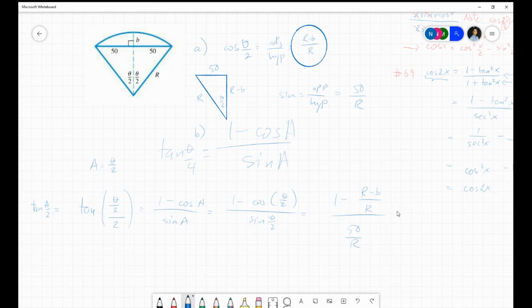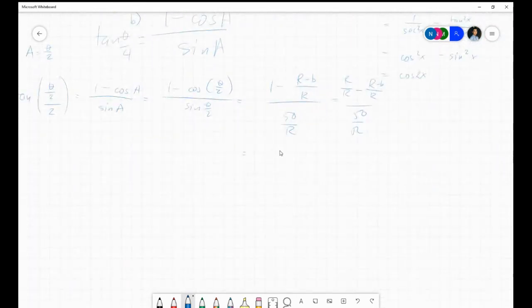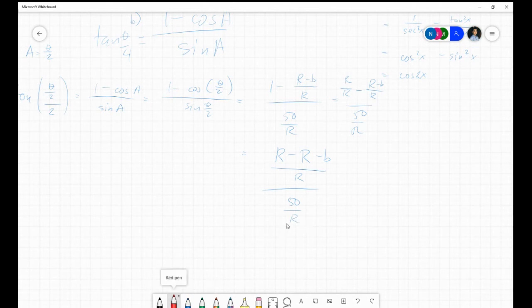Now we can convert this 1 here to r over r, minus (r minus b) over r, over 50 over r. And just combine it, and then we can get rid of that r in the denominator. So the r will cancel, this r also cancels.